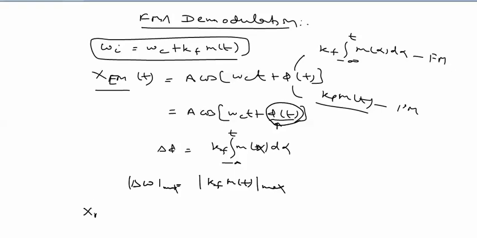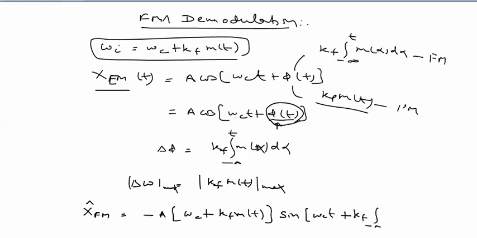If we demodulate the given FM waveform, we get the result in this way: A KF m(t) sine omega c t plus KF times the integral of m(alpha) d alpha. Complete information in this way.